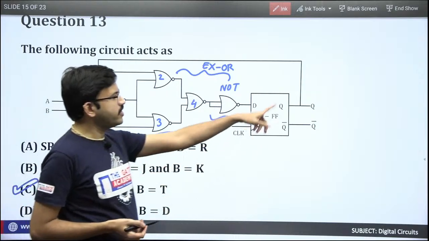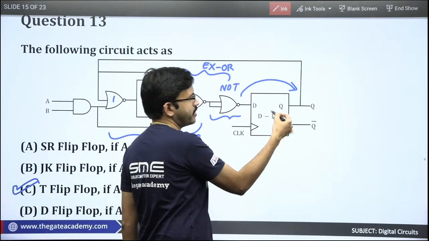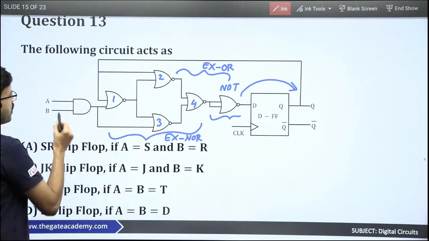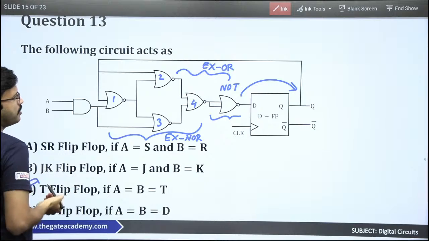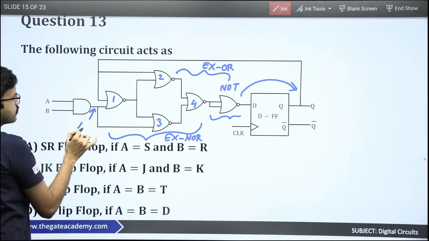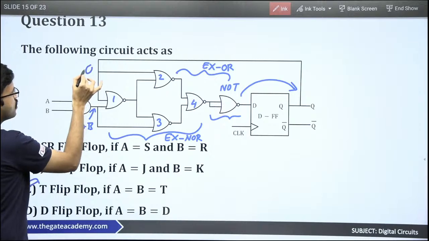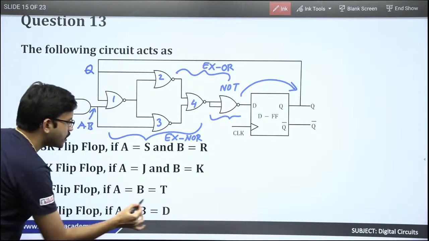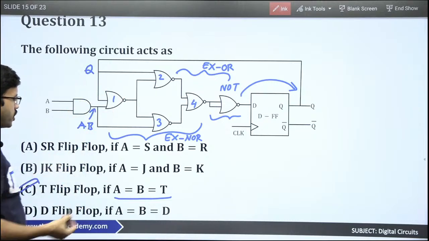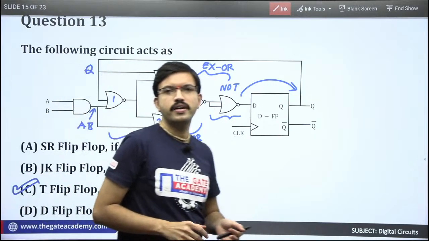See, here you are having D flip flop, Q of t plus 1 equal to D. Whatever the D input you are having, you will get as the next state, right? So here this entire circuit diagram is nothing but XOR, and for this entire XOR gate you are having 2 inputs. One input is AB, A and B. Another input is Q. So now if you consider A equal to B equal to T, then Q of t plus 1 you are getting T XOR Q. So that means it is a T flip flop if A and B are equal to T, right?